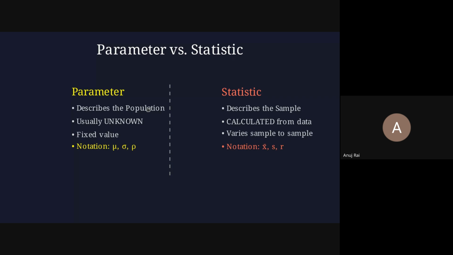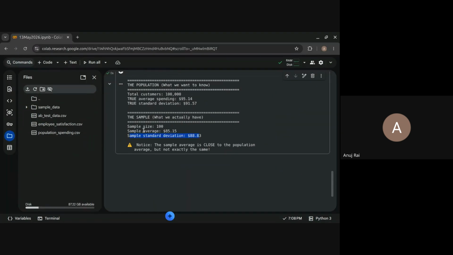And a statistic generally deals with the sample, and it describes the sample. It is calculated from the data and varies from sample to sample. As you can see in our code, for this particular randomly chosen sample, the average was 85.